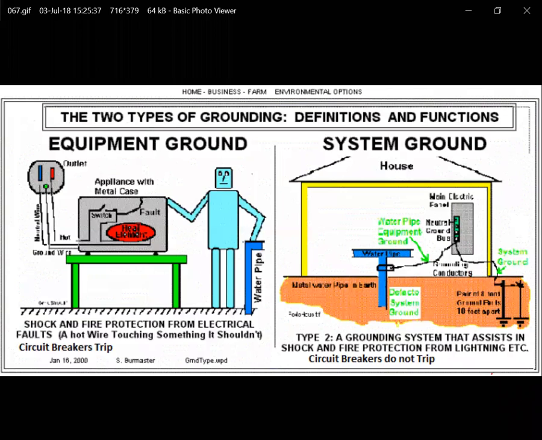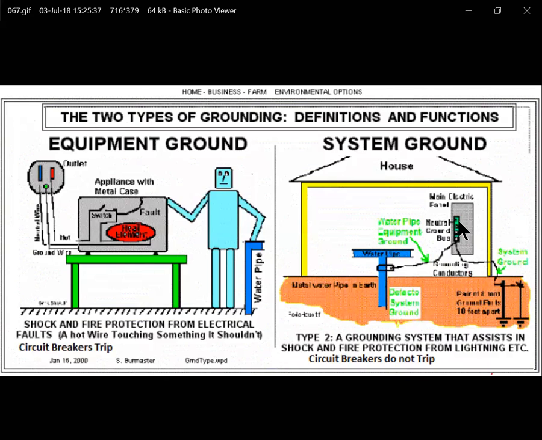The difference is that the system ground means that some part of the electrical system has a metal path that goes into physical dirt, which could be these ground rods. In the electric code book, a ground rod is just an example of a grounding electrode, which is a physical piece of metal in the dirt.